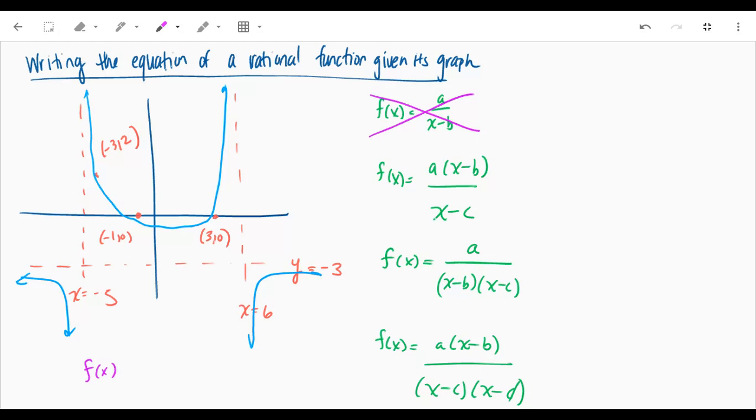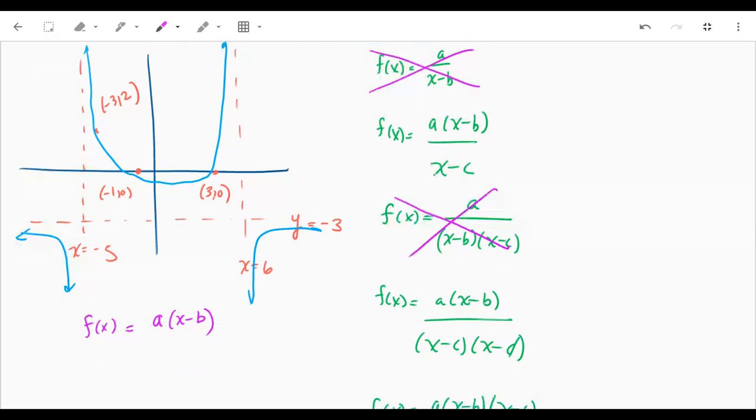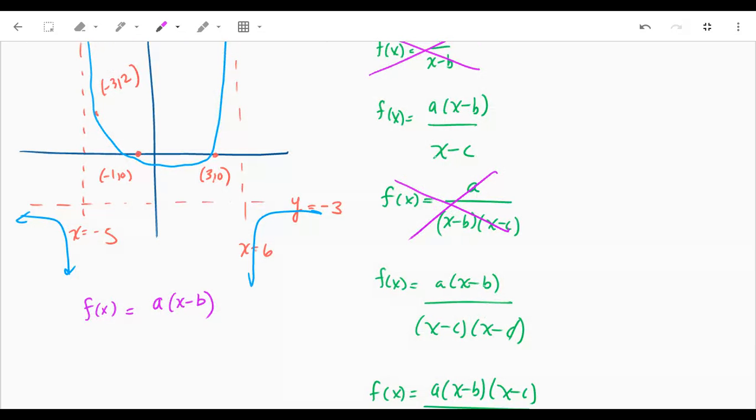So it has to be x minus b in the numerator. It also means we can get rid of this one. Wait, did I just mix that up? Yeah, there's two of them. I'm sorry. Y would be 0. I'm sorry.